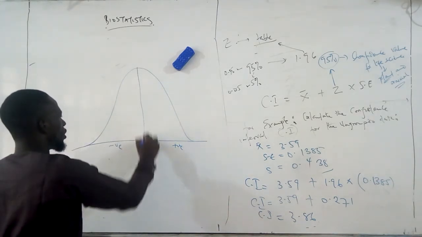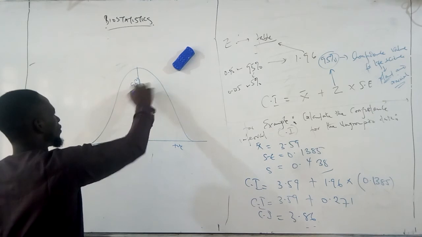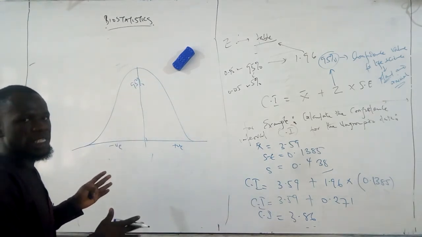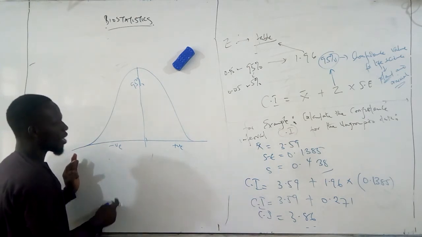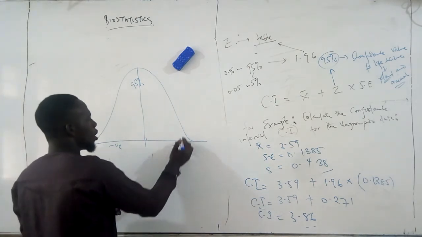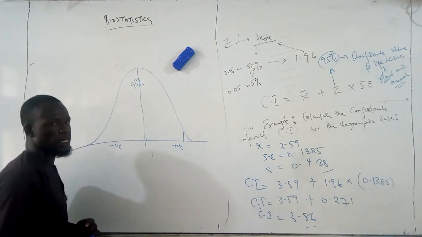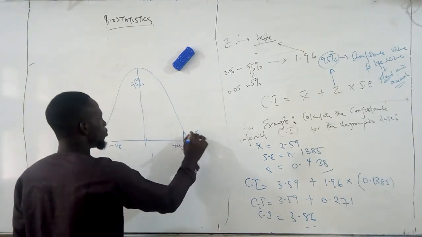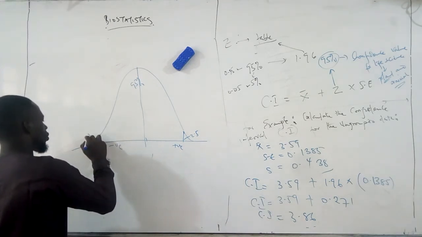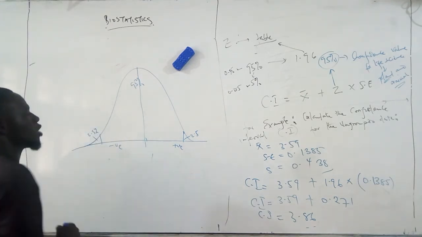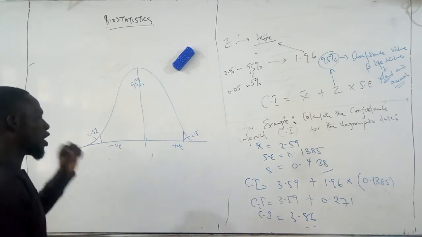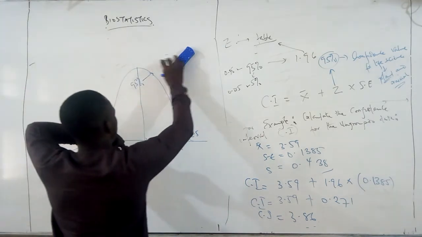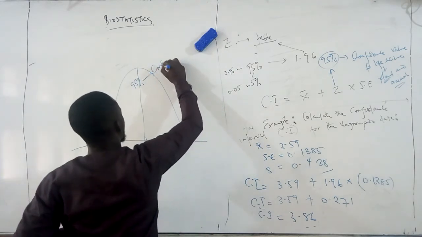So you have your confidence interval here of 95%. So let's say the error in the Z score of your statistical data is 5%. And this here is going to have 2.5%, and here is also going to be 2.5%. So that when you add both of them together, you are going to have an error of 5%. And you have a confidence interval range of what? 95%.